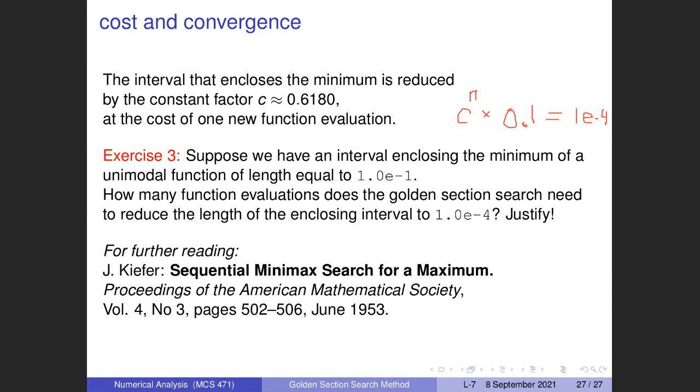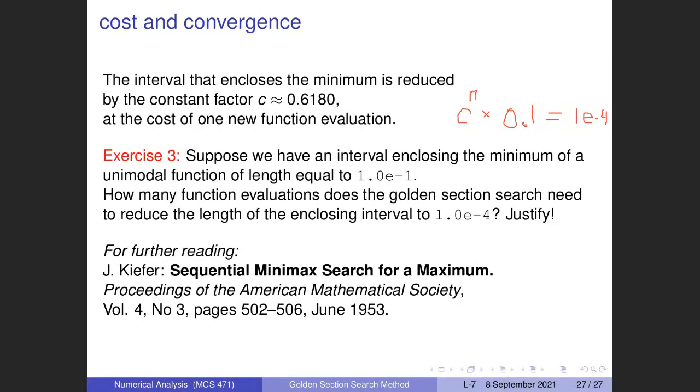Here we start from 1 decimal place and we want 3 additional decimal places. So it takes at least 3, but you can now say 4 here. So you will definitely need at least 10 to 12 function evaluations to reach that accuracy.